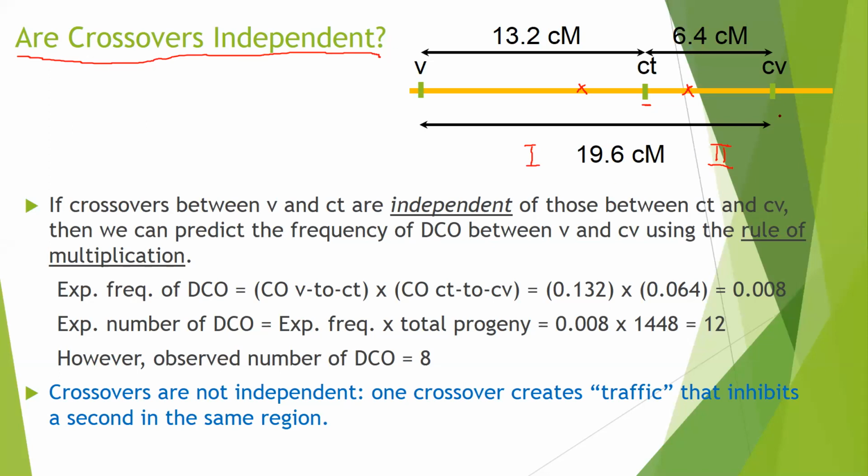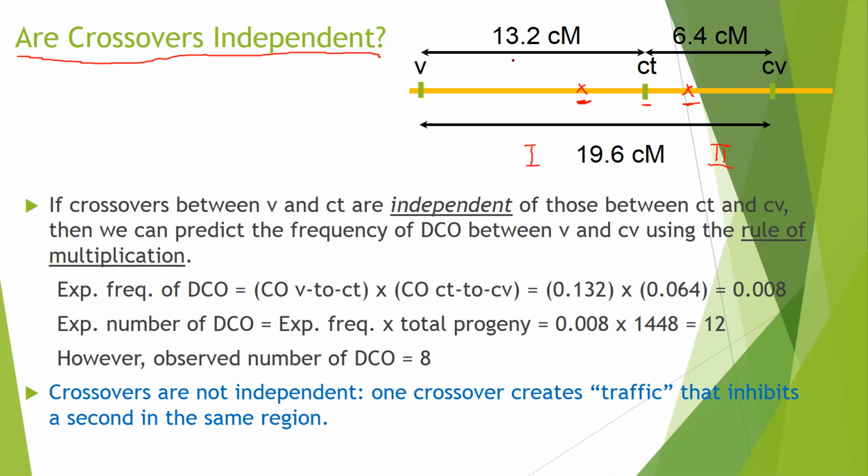Suppose we say the crossing over in region 1 is one event, and a crossover occurring in region 2 is another event. If these two events are independent, then we can calculate the joint probability for these two events, right? The joint probability that two events both occur will be this.